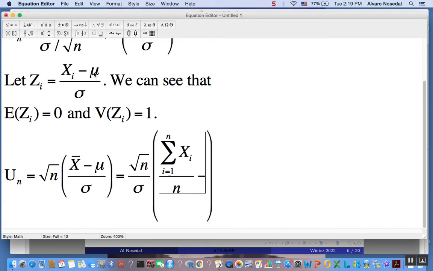And mu could be thought of as just n times mu divided by n. Agreed?